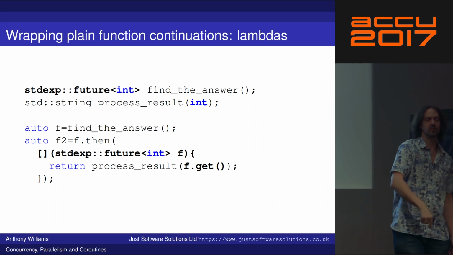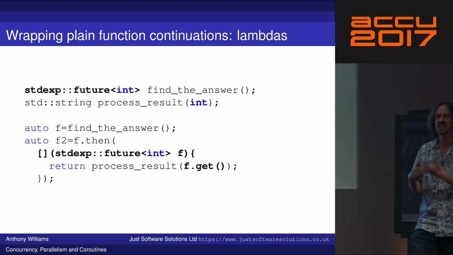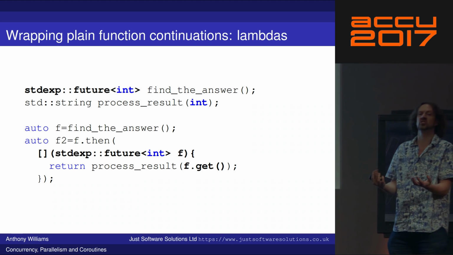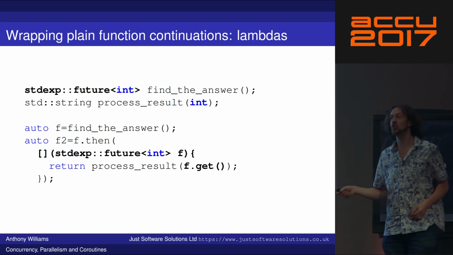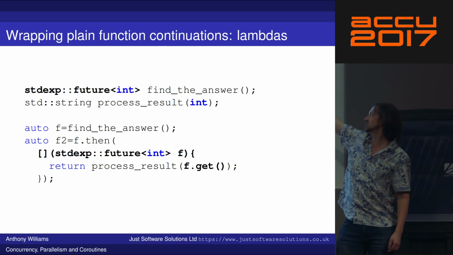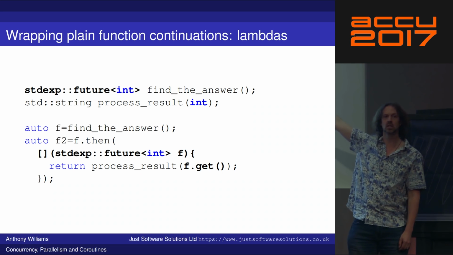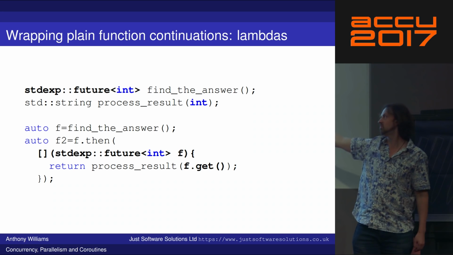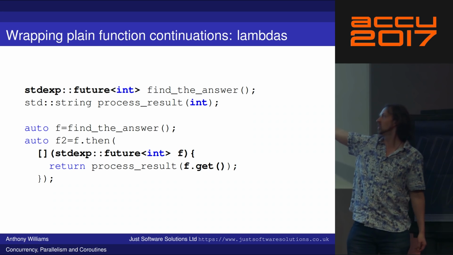In all the examples so far, I said the continuation needs to take in the future, but what if you've got a function that doesn't? Well, there's two ways of doing that. The first one is that you can just wrap it in a lambda. This time our process result just takes a plain int, so we can't use that directly as a continuation. You can write a lambda for your continuation, which takes in the future.